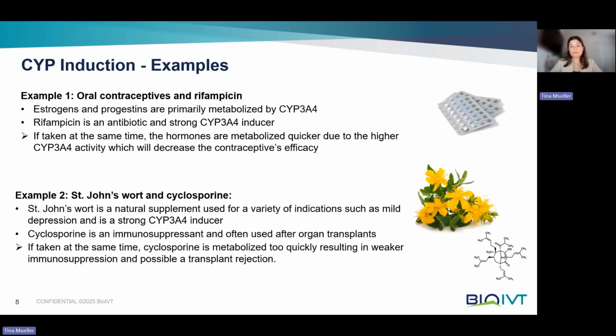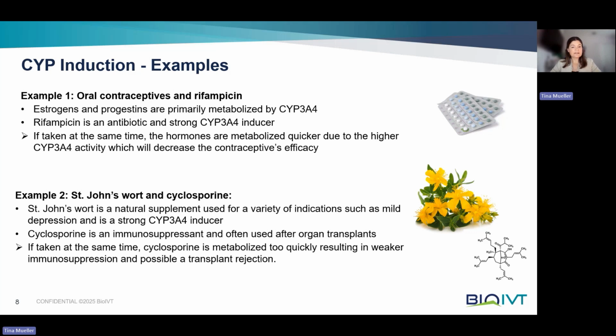Rifampicin is a strong CYP3A4 inducer, resulting in the hormones of the oral contraceptive being metabolized faster, and this will lower the efficacy. Oral contraceptives are also drugs with a so-called quantal dose response. So if the levels drop under a certain threshold, they are going to be ineffective. This might lead to unwanted results, such as an unexpected pregnancy.